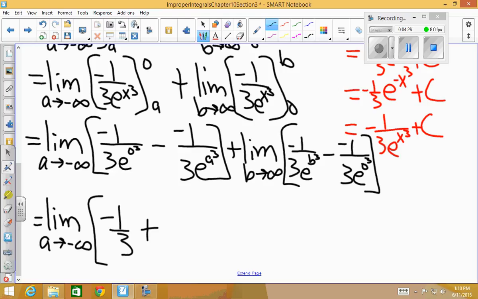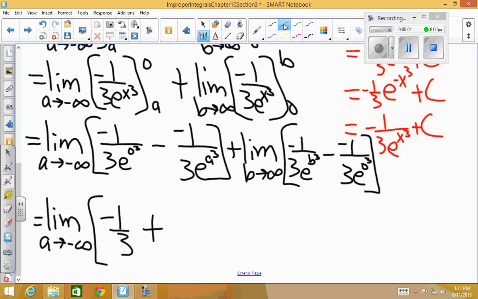A is approaching negative infinity, so it's a very large negative number and getting larger. A is getting larger and more negative. So when you cube a negative, you stay negative. So I should have actually kept that negative there, I suppose. Okay. So a cubed is getting closer to, oh, pardon me. That's not what happens. If a is getting more negative, that's the exponent.